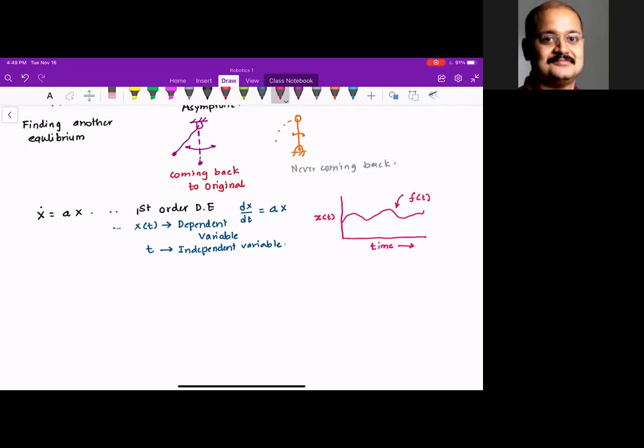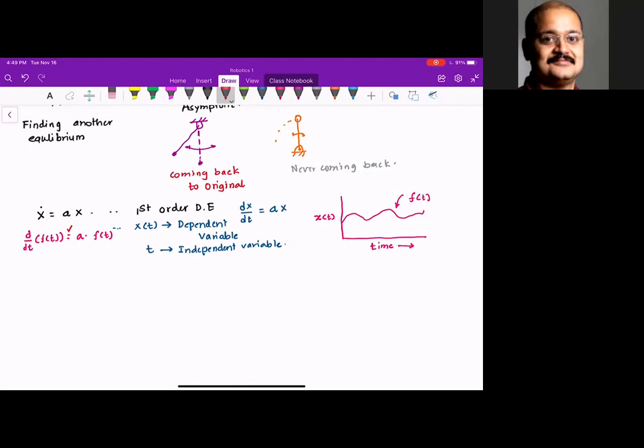Yeah, just plug those in and see if the left hand side is equal to the right hand side. So if I substitute this f of t on the left hand side, what do I have? I have d by dt of f of t is equal to a times f of t. If my left hand side is equal to right hand side, if this condition is satisfied, then indeed that is the solution of the differential equation.